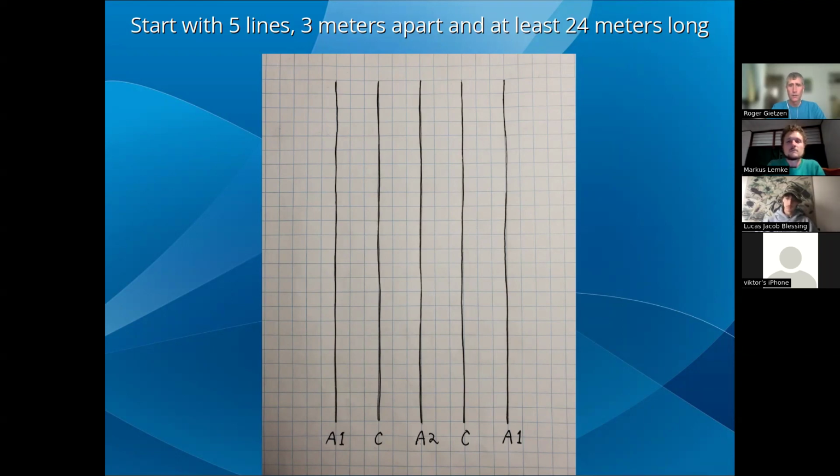I tend to space the rows closer in the tropics than in the temperate climate, and that might be the reason. There's less sun in the temperate area, but no, I don't take that into account. I'm actually just basing it on the canopy sizes.